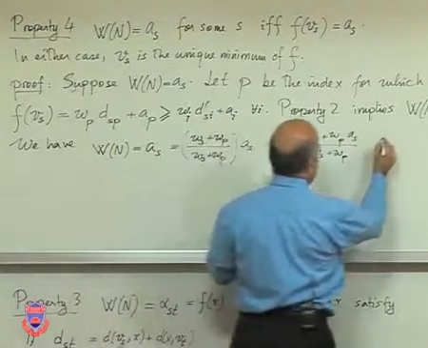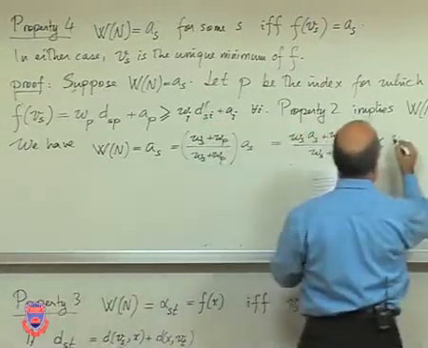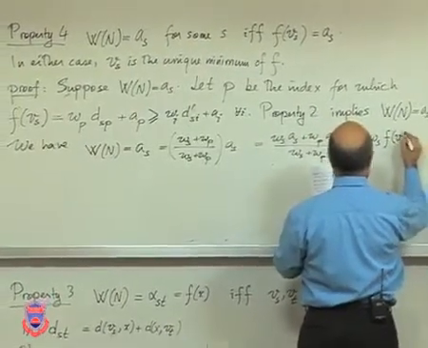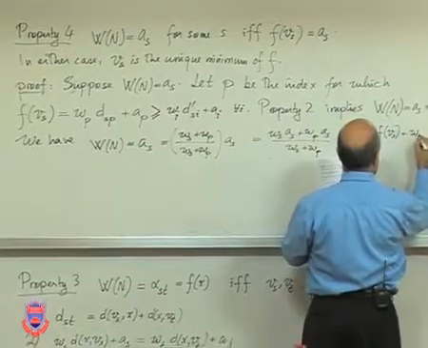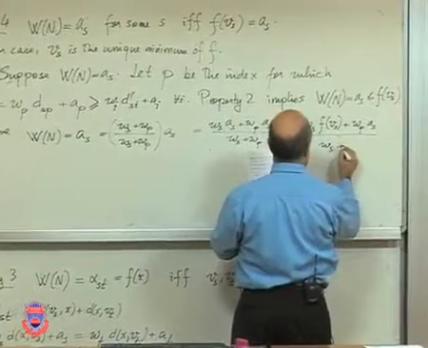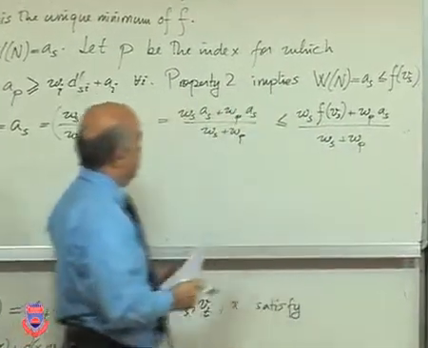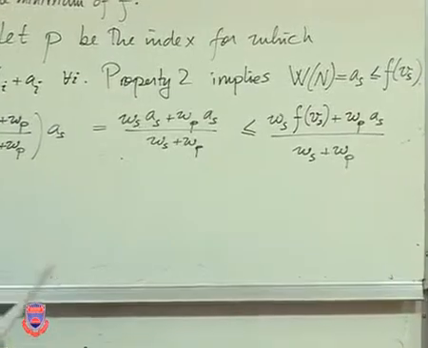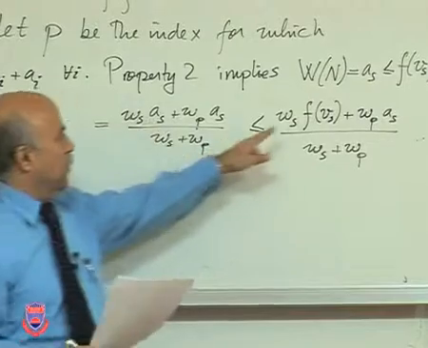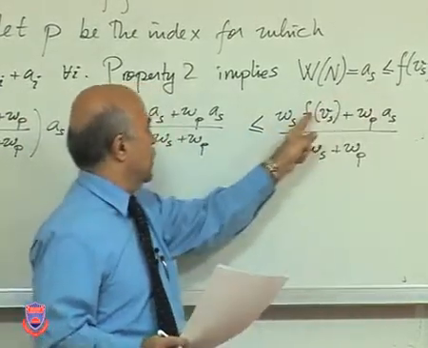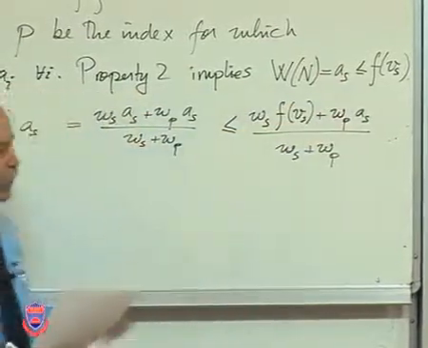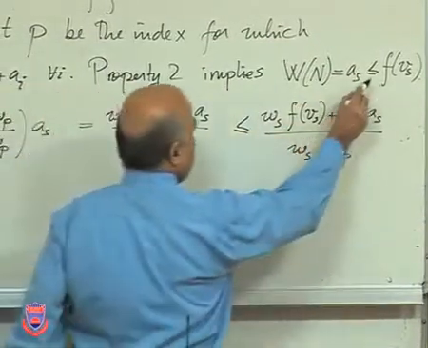Now that one is less than or equal to Ws times f of Vs plus Wp As divided by Ws plus Wp. Well, over here, all we did is to replace As with f of Vs, and since f of Vs is greater or equal to As, then of course the inequality follows. Okay? So it follows from here.